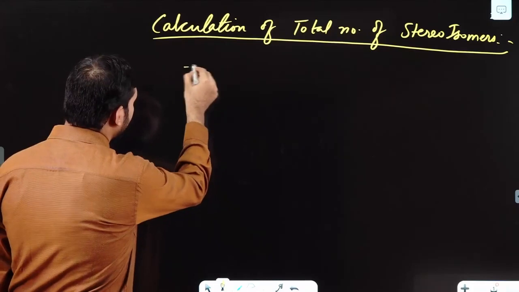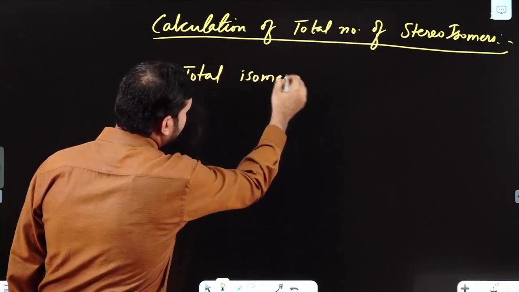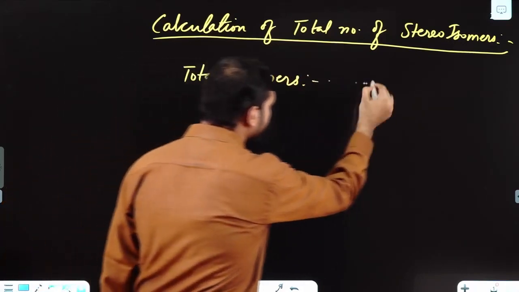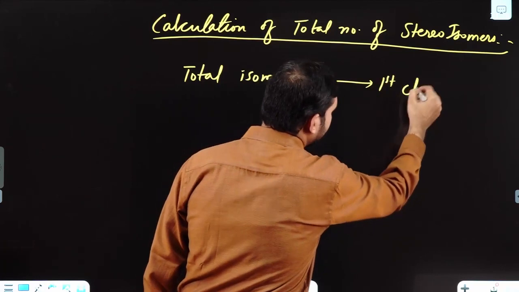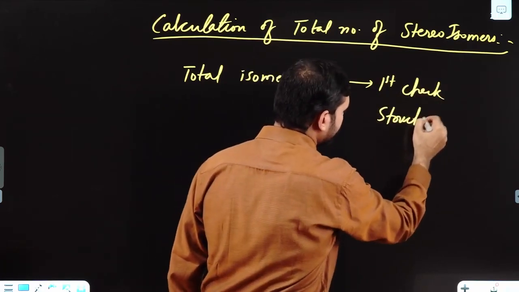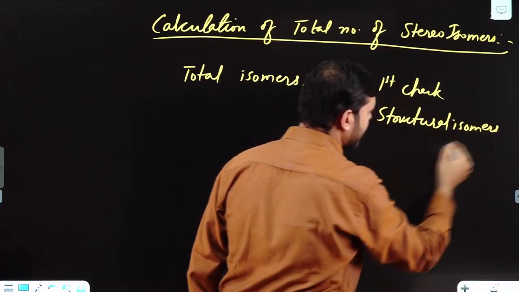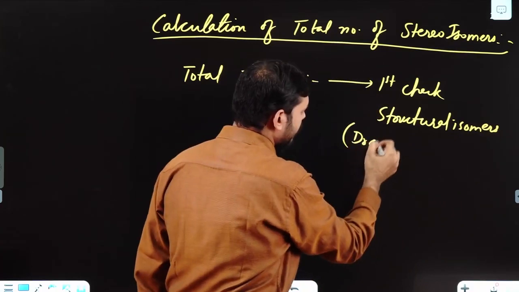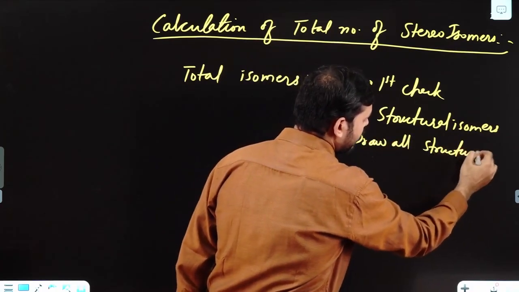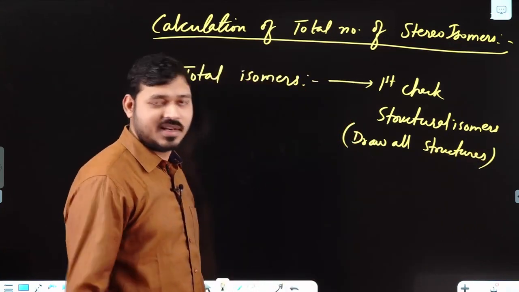Let me define here. If you have to check total isomers, first check structural isomers. Draw all the structures. Clear?